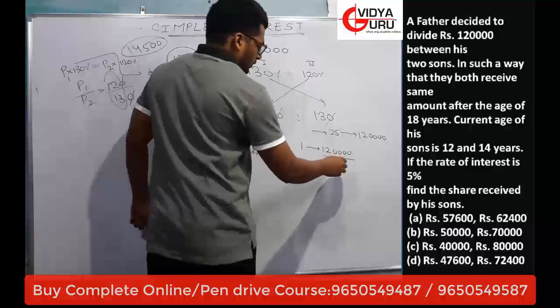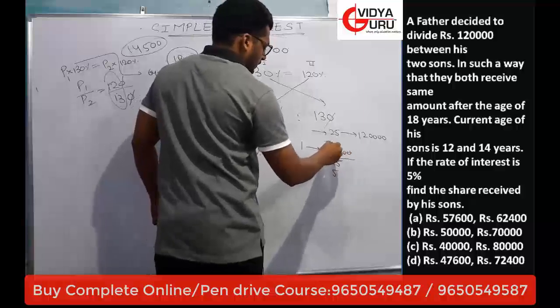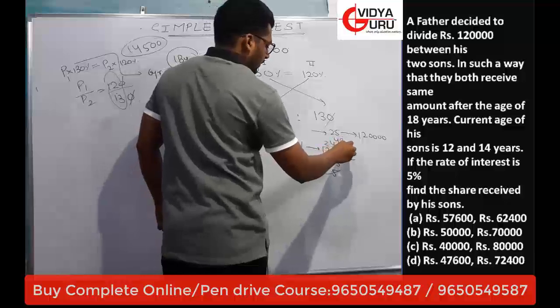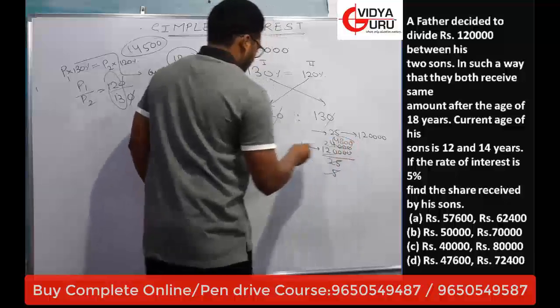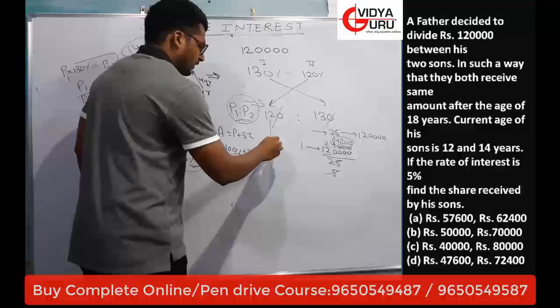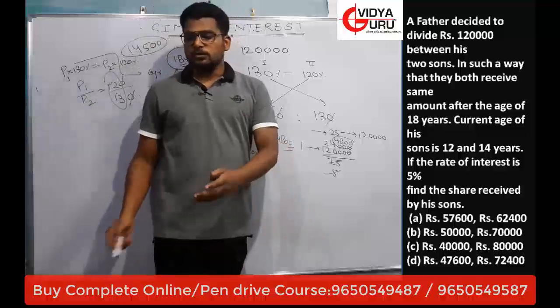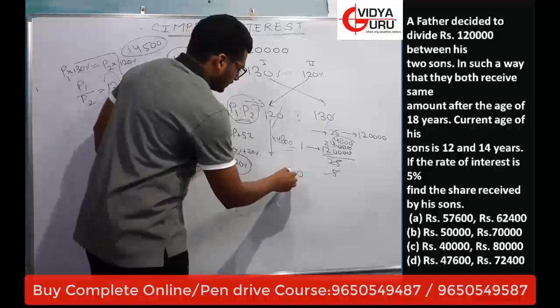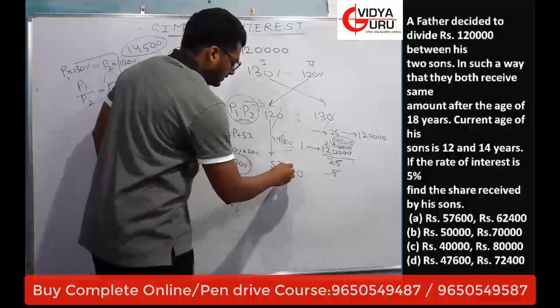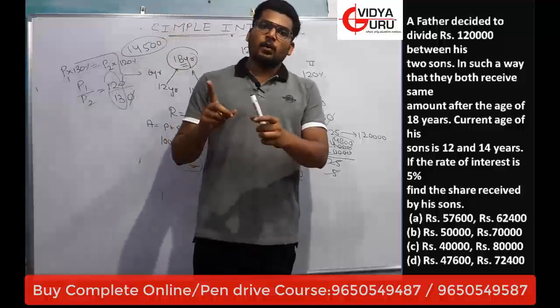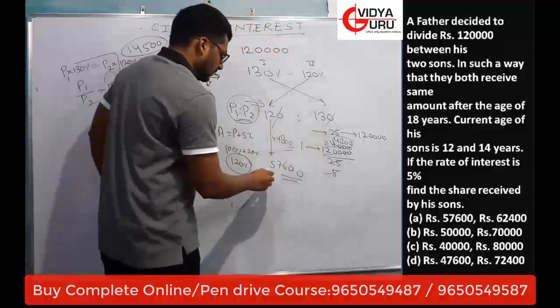If we cancel out by 5, again by 5, 4800. And what will be the value of 12? 4800 times 12, which will be nothing but 57,600. So if I go through the options, it is given in only one option, that is option number A.